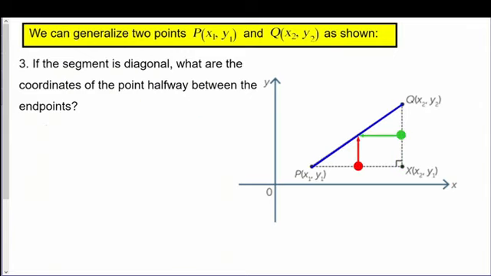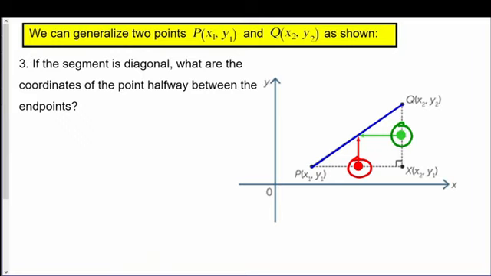Now consider if the segment is diagonal. What are the coordinates of the point halfway between these endpoints? So now we're going to find the coordinates of the halfway point between P and Q. To do this, we're going to use the x value of the halfway point between the 2 points horizontally, and the y value of the halfway point between the 2 points vertically. So we're going to combine what we learned in the last 2 examples.